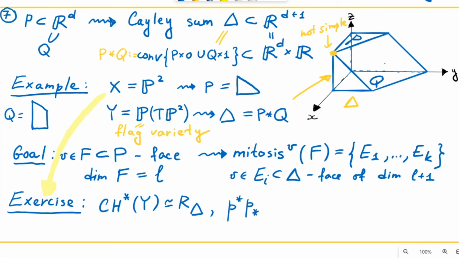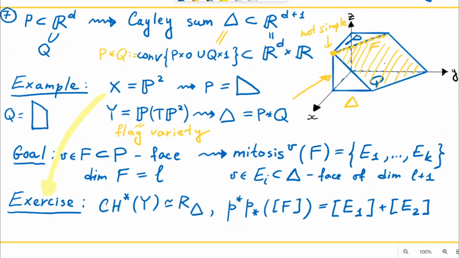So for instance, in this example with P2 and the tangent bundle on P2, it is easy to show that if we identify the Chow ring with the Pukhlikov-Khovanskii ring of the polytope delta, it's not hard to show that they are isomorphic, then the push-pull operator of the face F, so this is the edge on top of delta, will go to the sum of two-dimensional faces, E1 and E2.